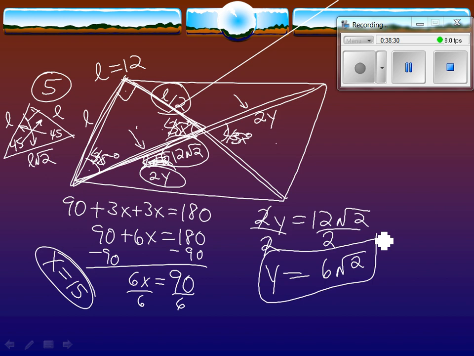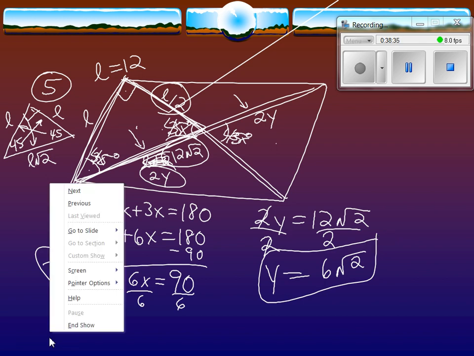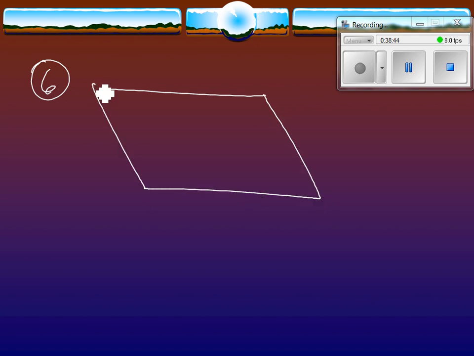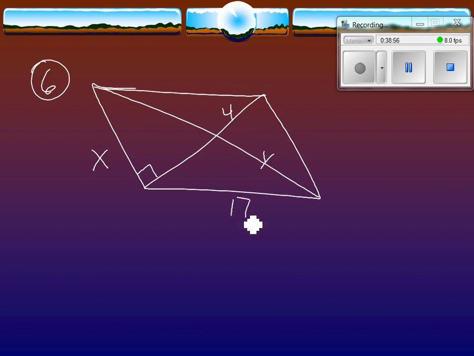That's a right angle. What's this angle right over here?